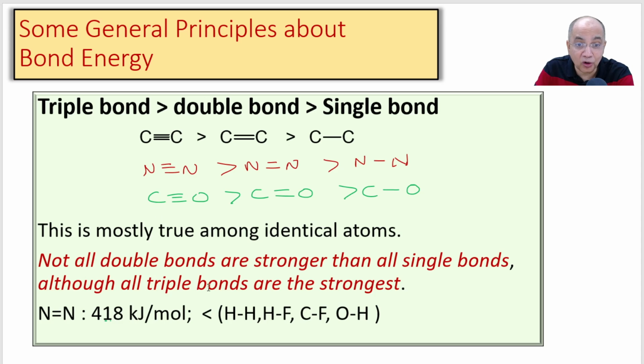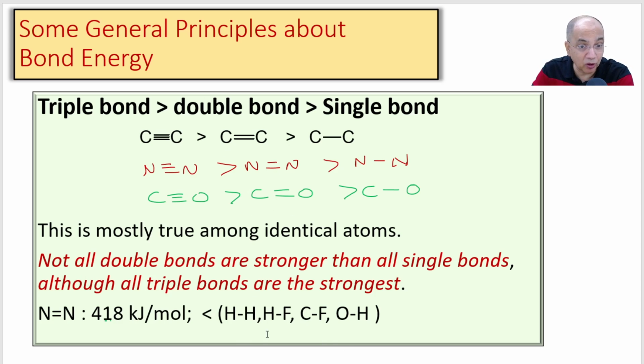Not all double bonds are stronger than all single bonds. It's not like that. But if they are identical atoms, yes, it is. But any triple bond is the strongest, stronger than all double bonds, and obviously stronger than all single bonds.